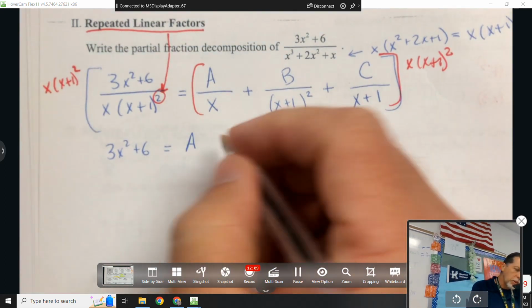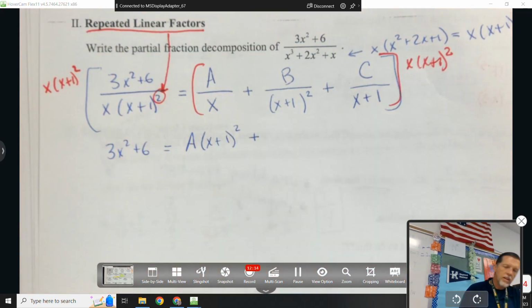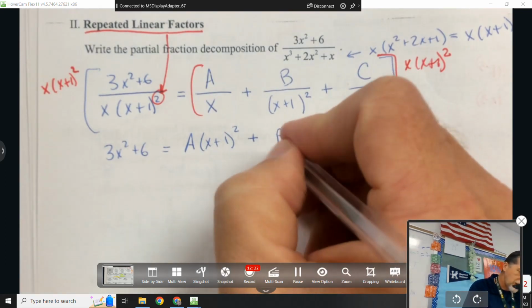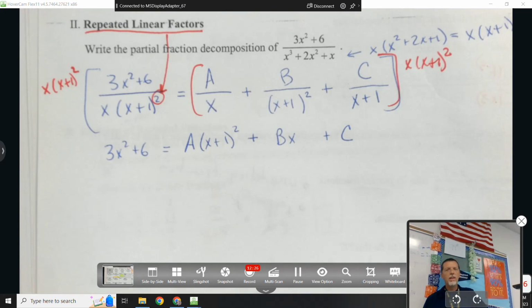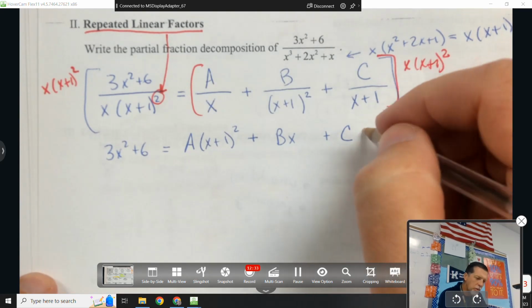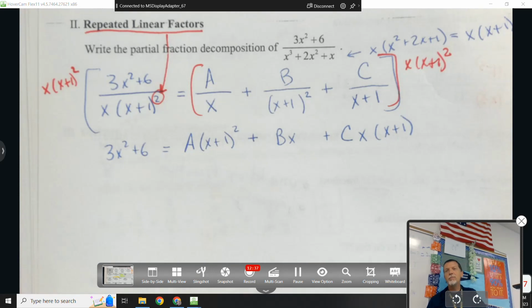The x's go away, and that leaves x plus 1 squared. The second term, I think easy as well, right? The x plus 1 squared goes away, so I've got b times x. Third term, a little trickier. One of the x plus 1s cancels, so I'm left with x and x plus 1. So I'm left with both factors.